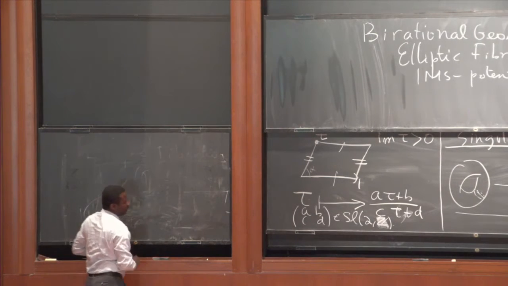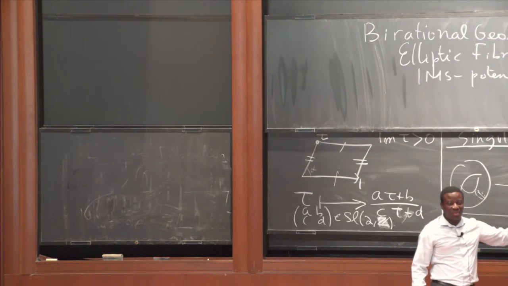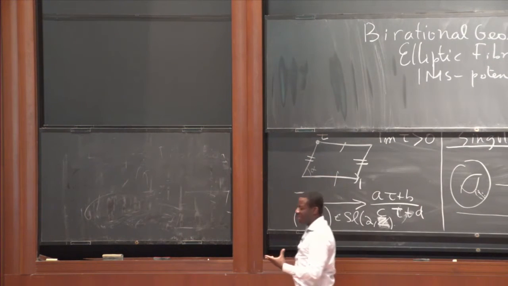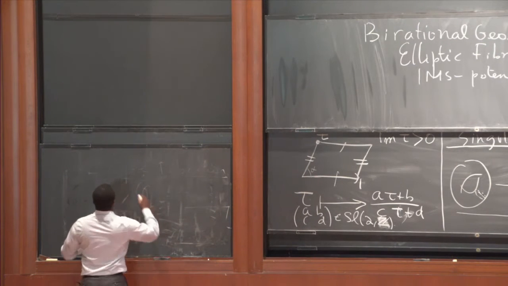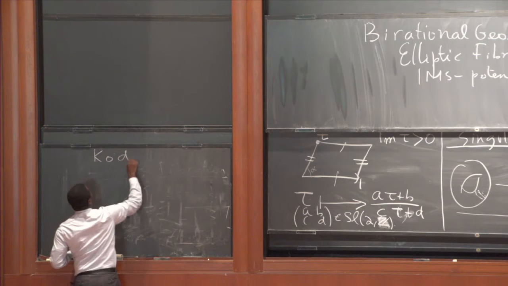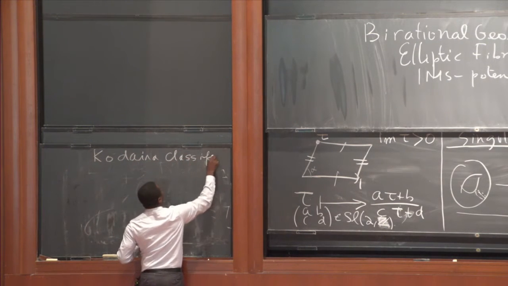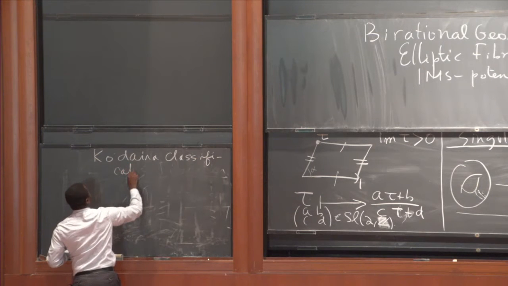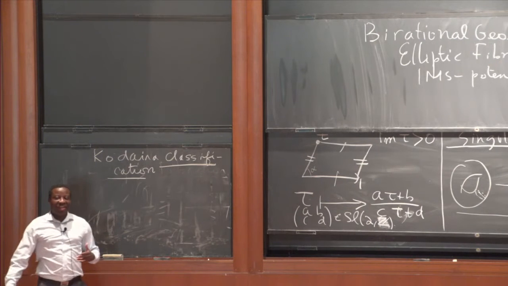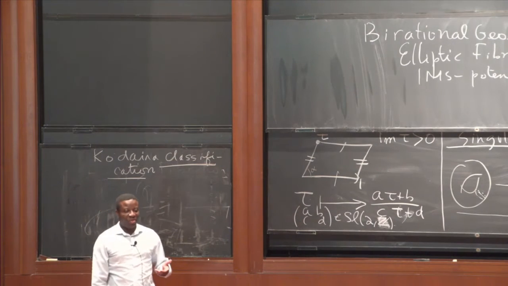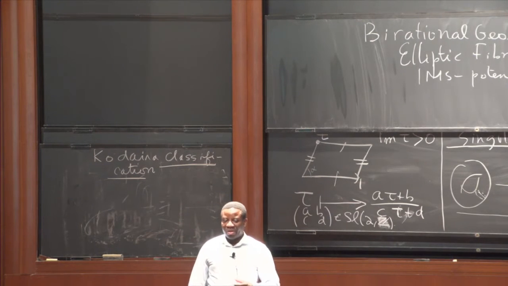So in general, the singular fibers of an elliptic fibration are not always that simple. They can be more difficult to visualize, and I'm going to give the full list on this board. Kodaira is a very famous algebraic geometer, or just a geometer, because he was also interested in non-algebraic spaces.